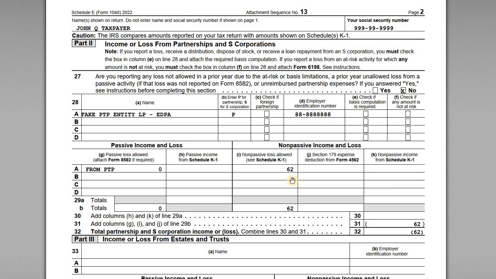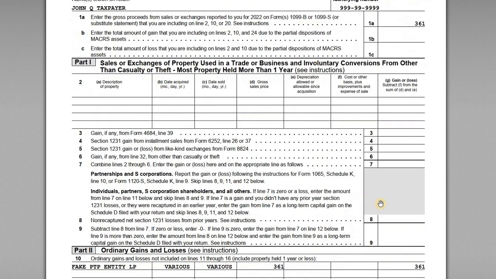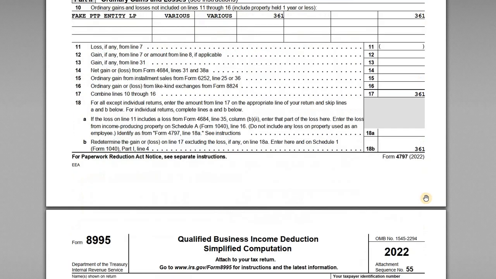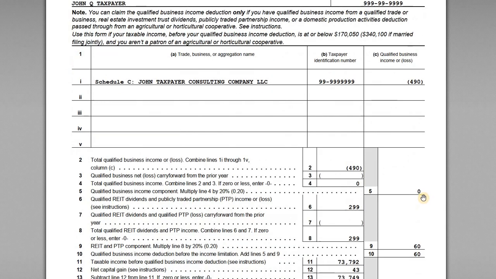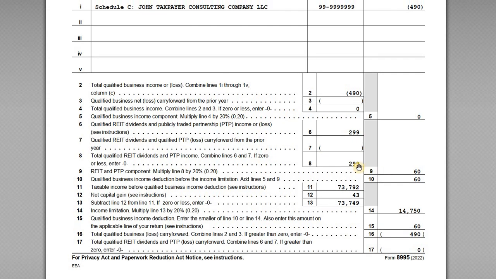So when you dispose of a PTP investment, all of those losses, if they were suspended under the passive activity rules, they get freed up, right? So there's his $62. On the $47.97, he has recorded that $361 in ordinary gain, right? So he's done everything right there. And then on the $89.95, you can see he's reported that net amount, $299 there.